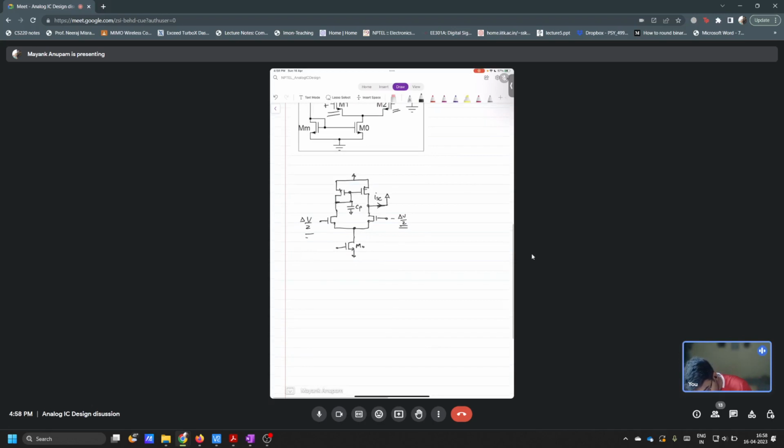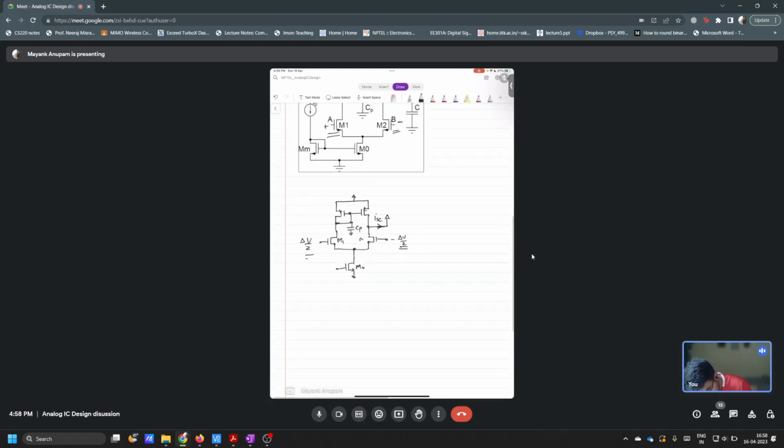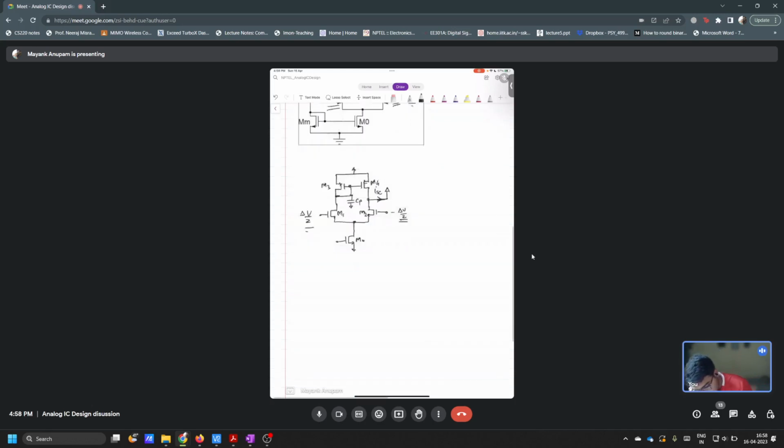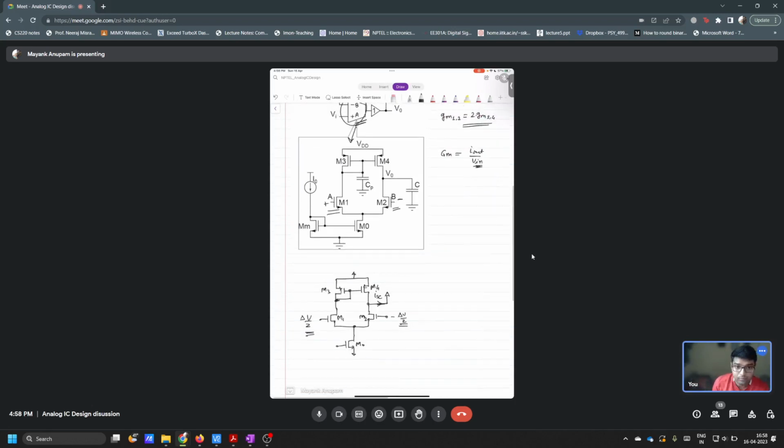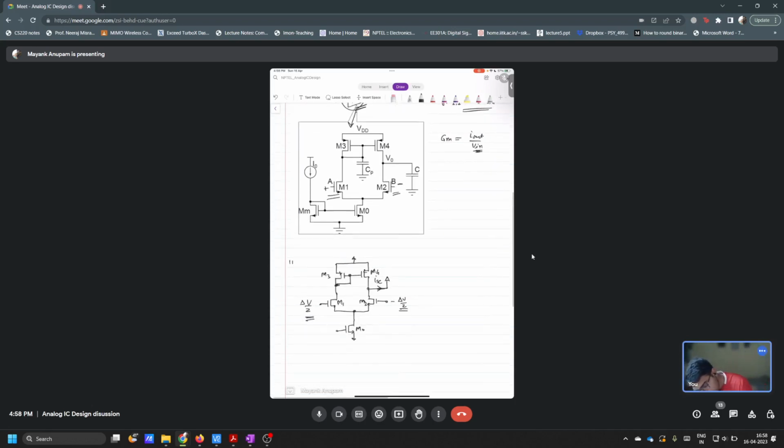So tell me what will be the voltage here. This is M1, this is M2, this is M3, this is M4, correct? Tell me what will be the short circuit current here at DC. At DC you can assume the capacitor is not there, right? Yes, sir.